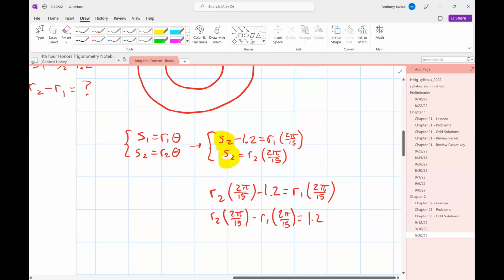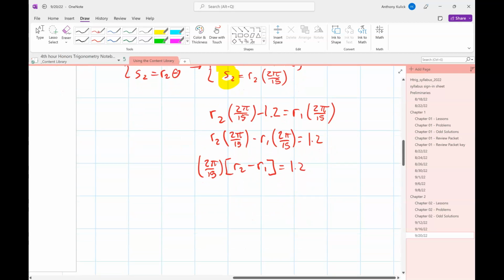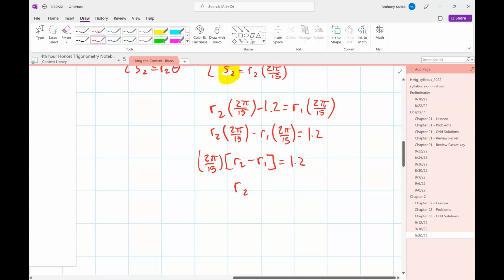Cool. I can notice I have a greatest common factor of 2 pi over 15. I can factor that out. Hey, there's my R2 minus R1. And then I can multiply both sides by the reciprocal.